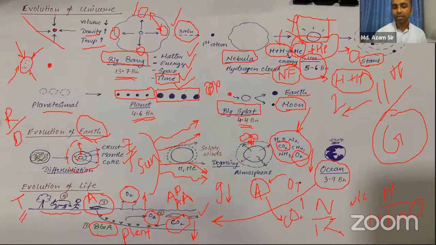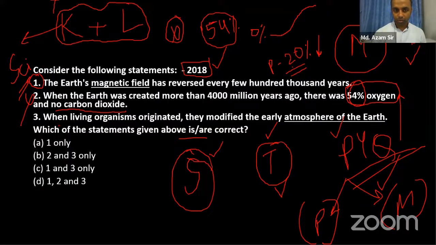In the present context, the amount of carbon dioxide released by industries, automobiles, and the cutting of trees have been increasing, so presently also carbon dioxide is increasing. So the third statement, when the living organisms originated, they modified the early atmosphere of the earth, is absolutely correct.